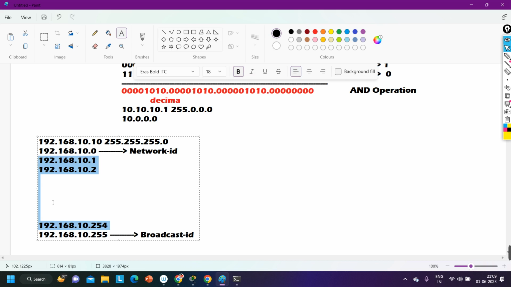So dividing this large network into smaller parts is known as subnetting, and that is our next topic.